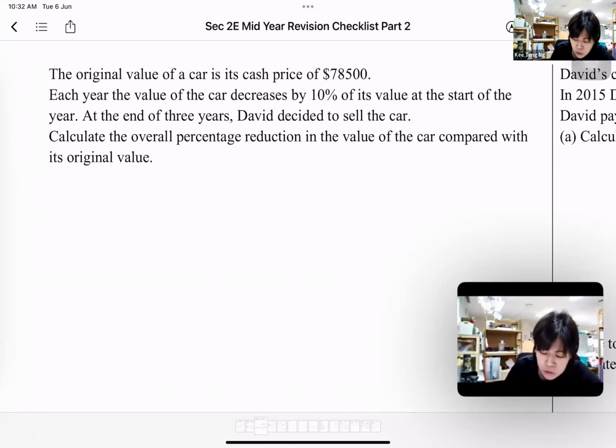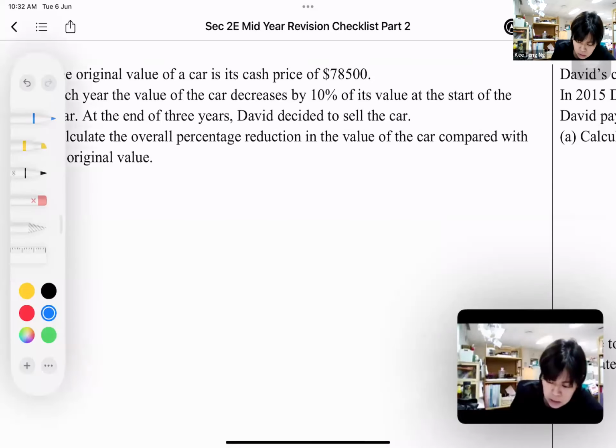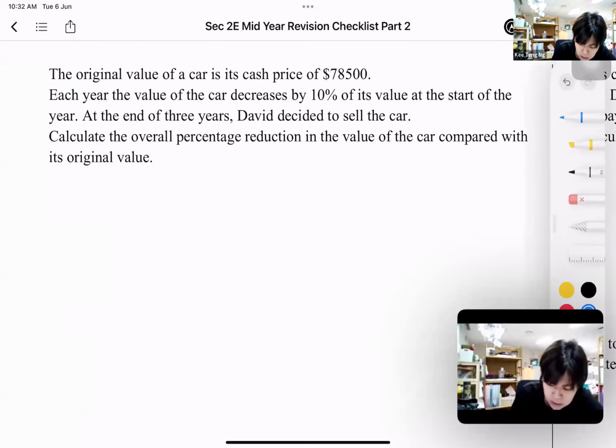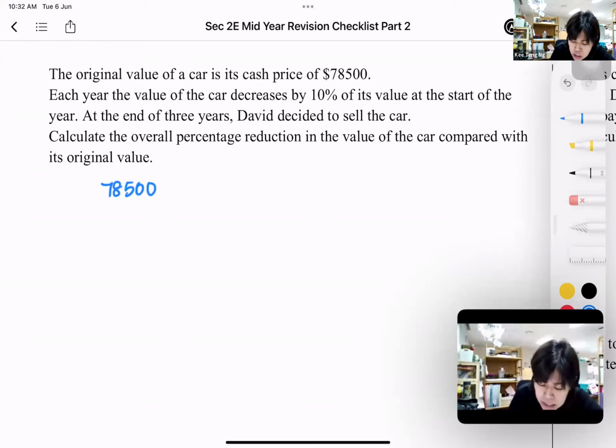The original value of the cash price of a car is 78500. Each year, the value of the car decreases. So from year 0 to year 1, it decreases by 10% of the value at the start.